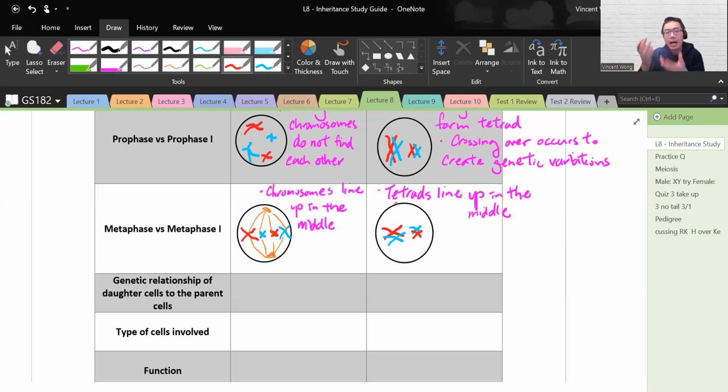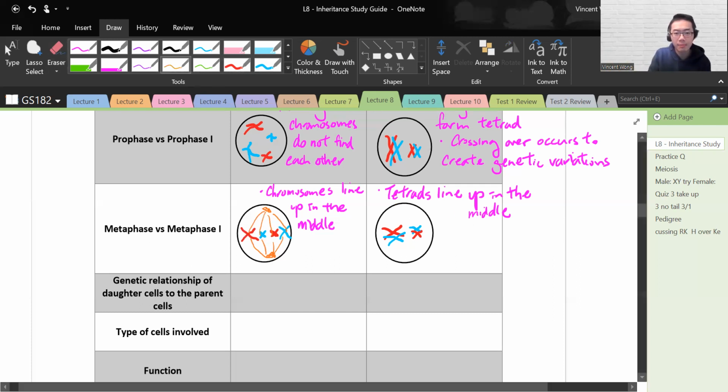Okay, meaning it's not affected by how another pair lines up. It's like flipping a coin, right? Whether you get heads or tails on the next flip has nothing to do with whether you got heads or tails on the current flip, right? They're independent events.